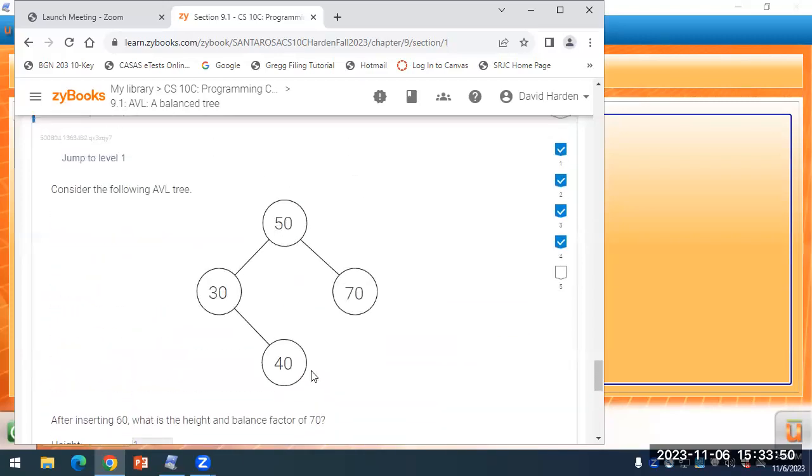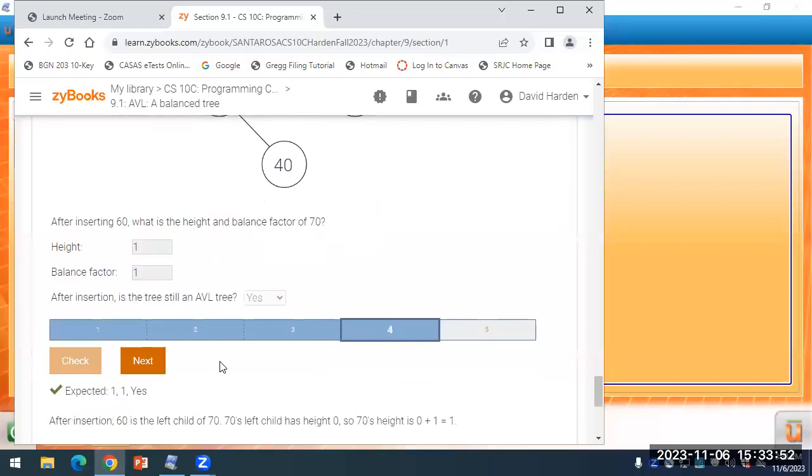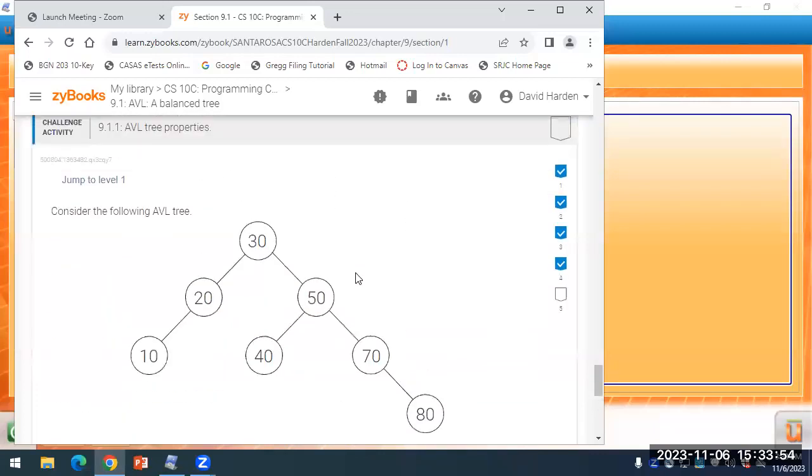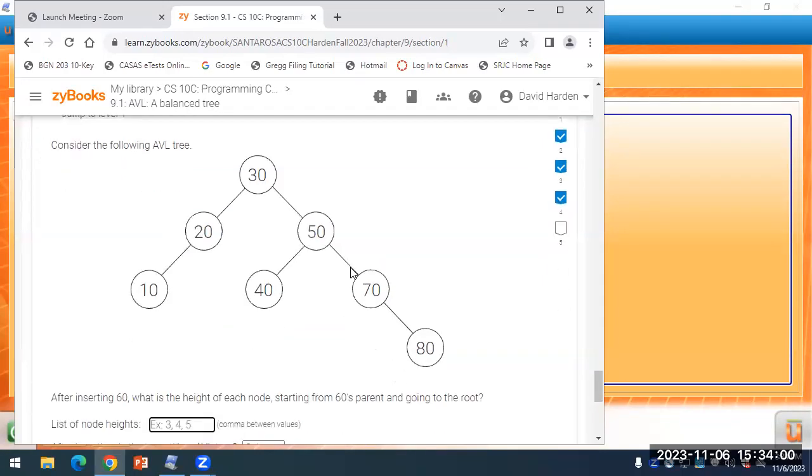Okay. One more. When you guys do this, it'll be different, right? Yeah. Okay. Consider the following AVL tree. So it's telling us already that it's an AVL tree. After inserting 60, what is the height of each node starting from 60's parent and going to the root?